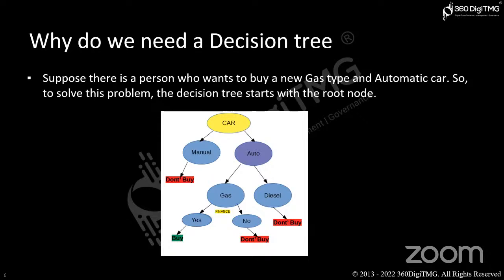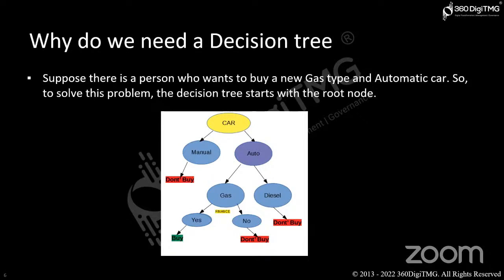If it is manual, the person will reject, so he will not purchase that. If it is automated, again there will be two questions: it will run with gas or diesel.